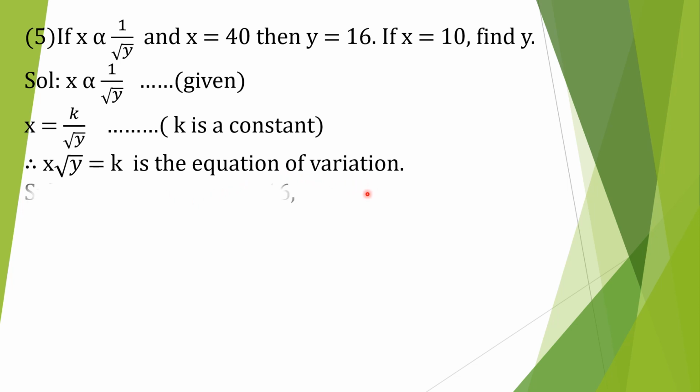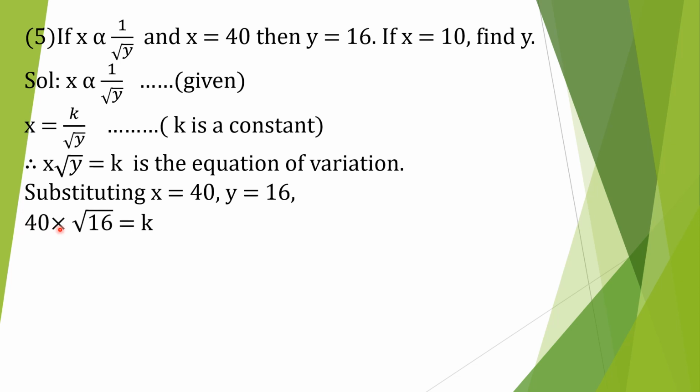So when x equal to 40, you'll substitute x equal to 40, y is equal to 16. So you'll substitute this value in this equation of variation. So what we'll get? 40 into under root 16 equal to k. Now student, you know 40 into this root 16.